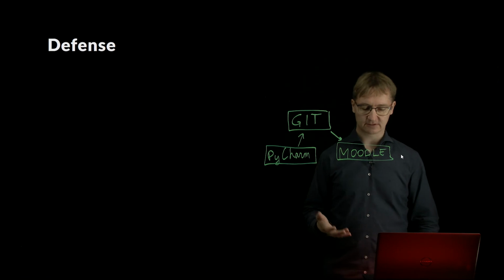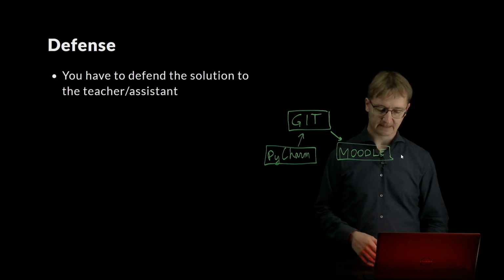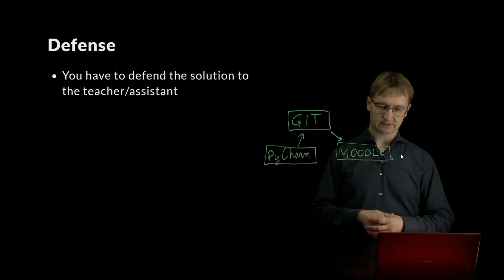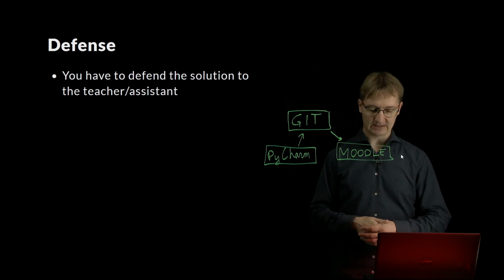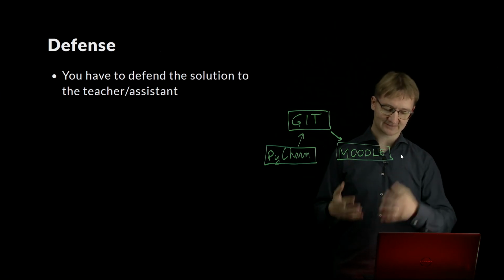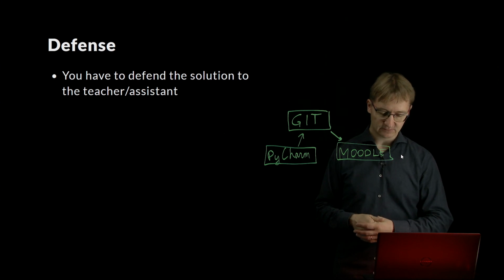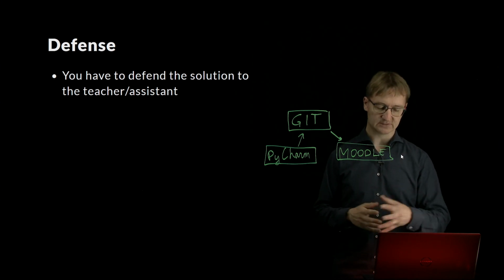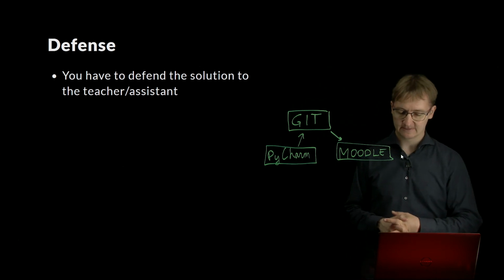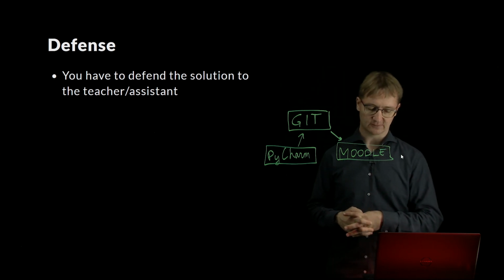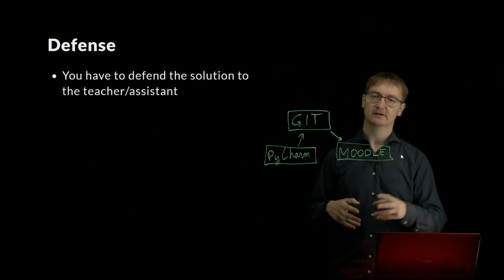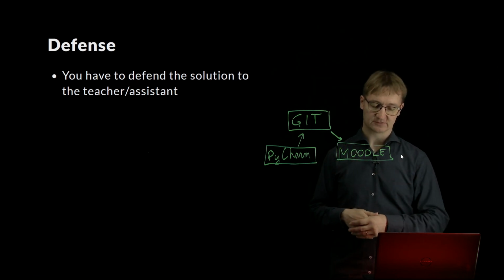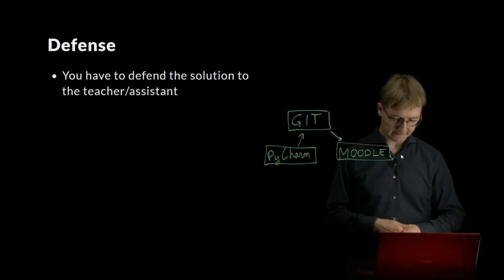And then there is this code review or defense process. So basically, not every, but most of the exercises have to be defended to get this 1 point there, which is multiplied by other points. And then you just have to reach out to the teacher or assistant. I will specify this procedure separately, so where and how to do that.